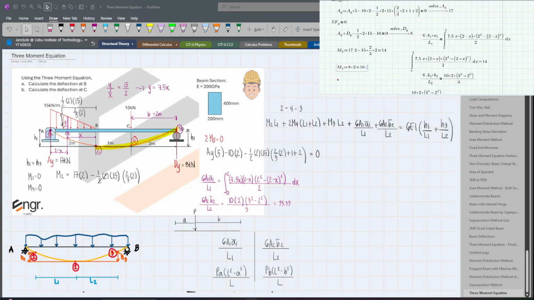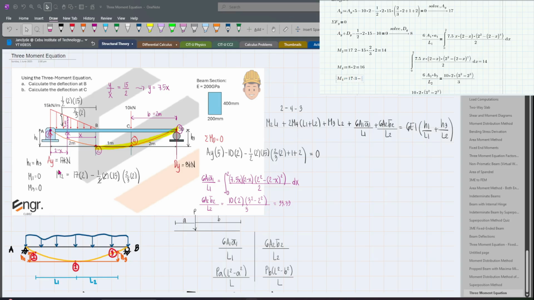16. Now, taking moments from the left, you don't have to change the sign. But yun nga lang, mas complicated. Now, if you want to check, we can also calculate M4 by taking moments from the left. So, AY times 2 plus 1, 3 meters going to point C. 17 times 3.